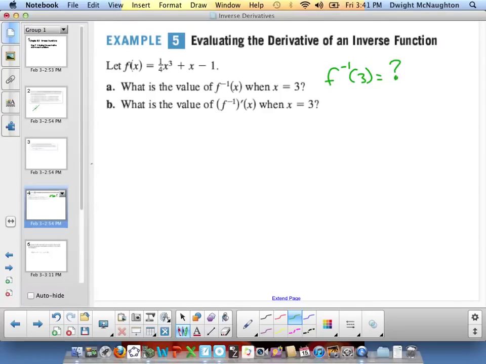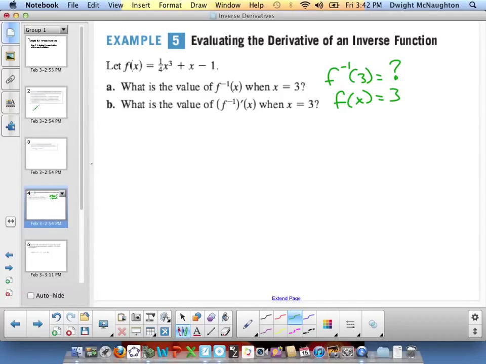Well, to answer that, if 3 is x in the inverse, what is 3 in the function? Well, that's like saying, where is f of x equals 3? X in the inverse is y in the function, and vice versa. X in the function is y in the inverse.